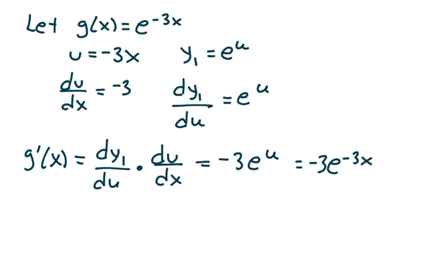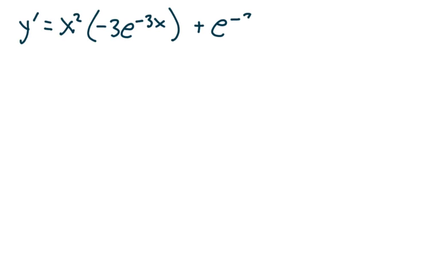So y prime is going to be x squared times the derivative of the second function, which is negative 3e to the negative 3x, plus e to the negative 3x, times the derivative of the first function with respect to x, which in this case is 2x.